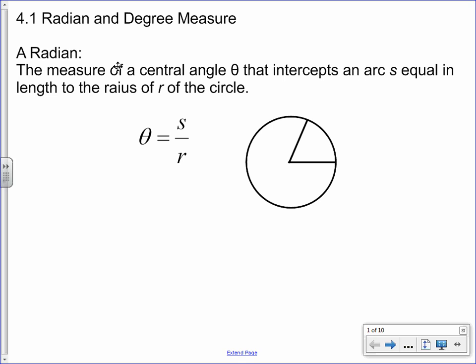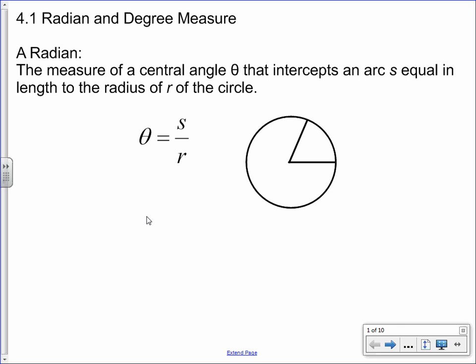The measure of a central angle that intercepts an arc s equal in length to the radius. Oh, I forgot a d there. Radius. Okay.